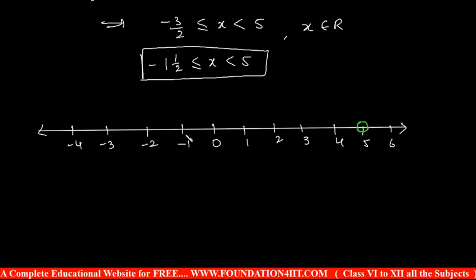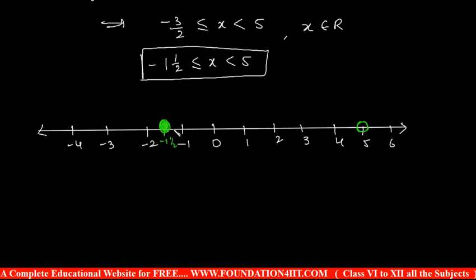Minus 1 and half lies between minus 1 and minus 2. This is included, so you should keep a closed circle, the dark circle.